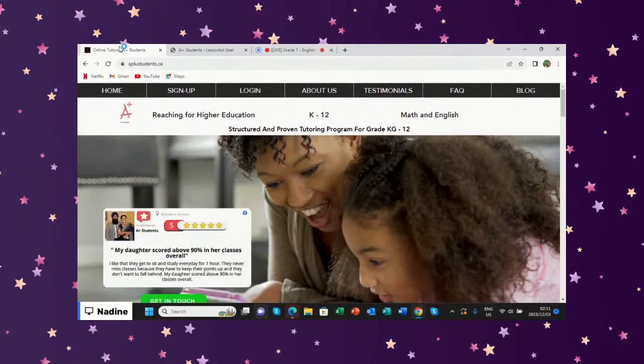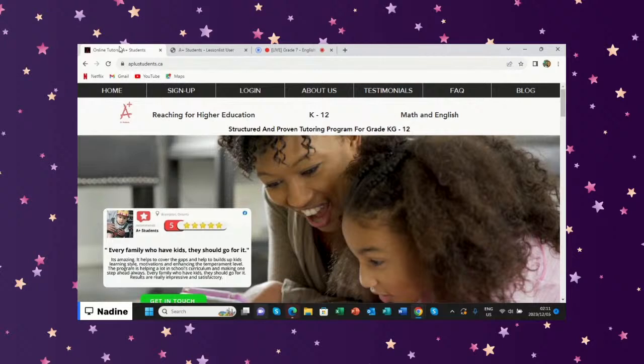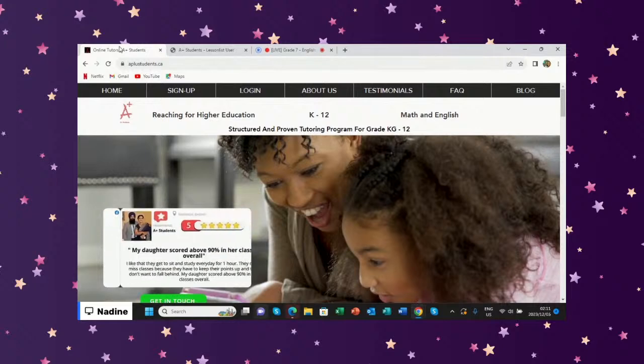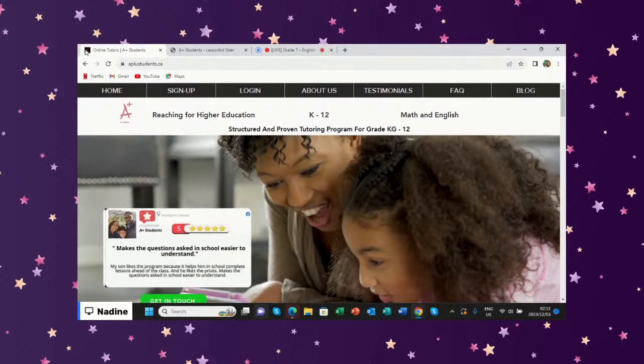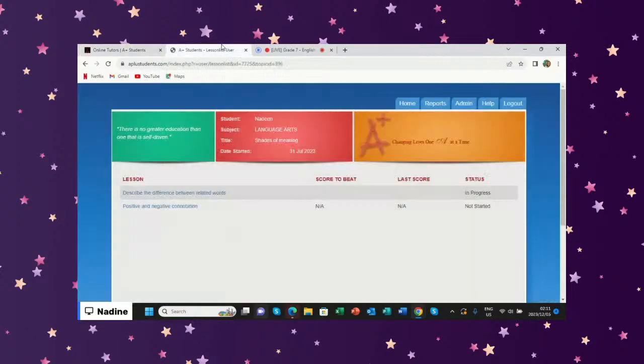and then we're going to select the subject of language arts, and then grade 7. Once we've selected the subject of English, grade 7, we're going to scroll down up until we get to the chapter of shades of meaning.